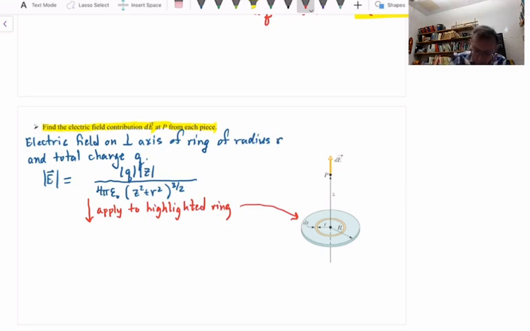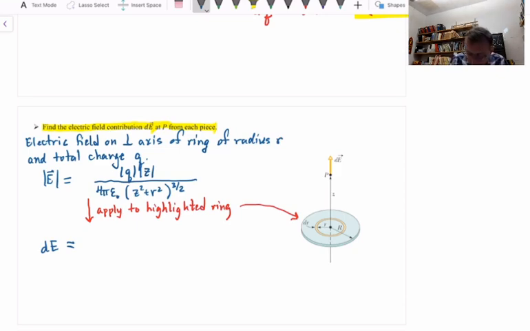Okay, first note, I'm going to change the E magnitude on the left to just dE. Now why dE? Because it's electric field coming from a tiny amount of charge. That ring has charge dQ, so I'm going to call the field from it dE.